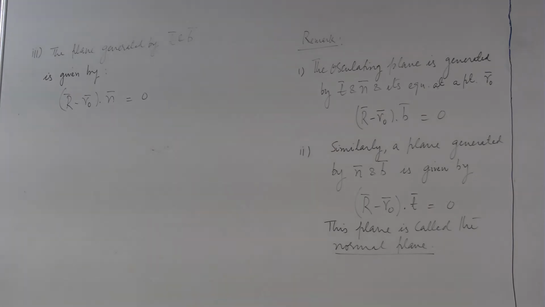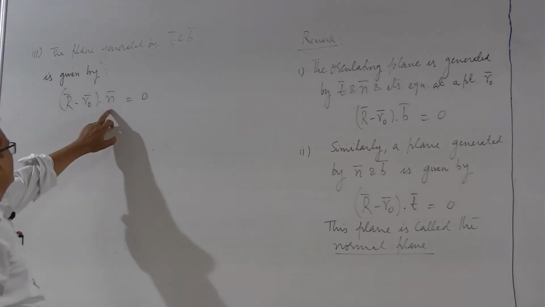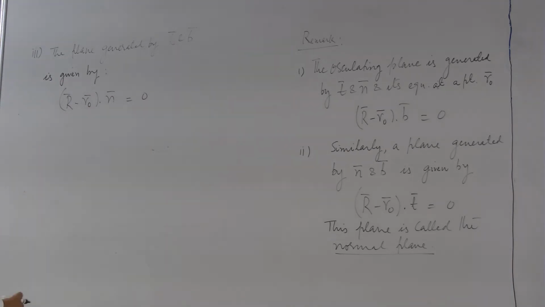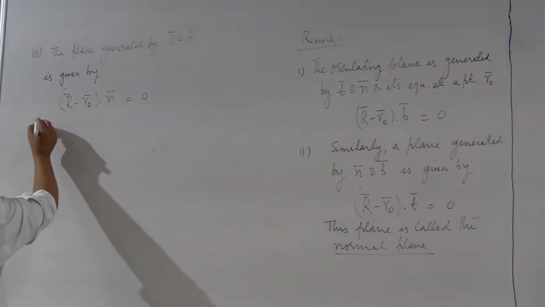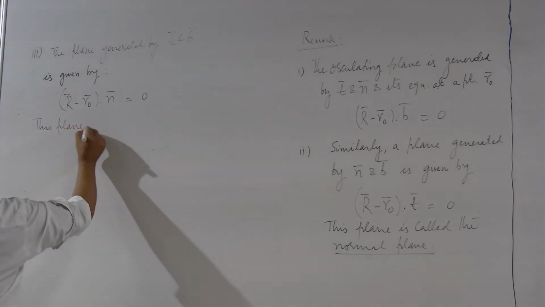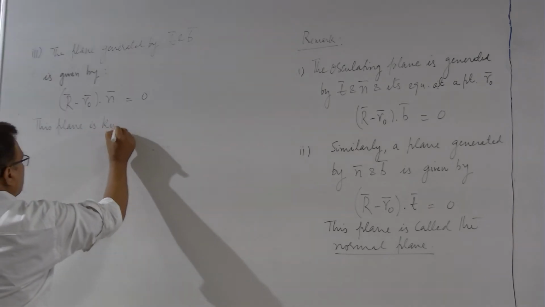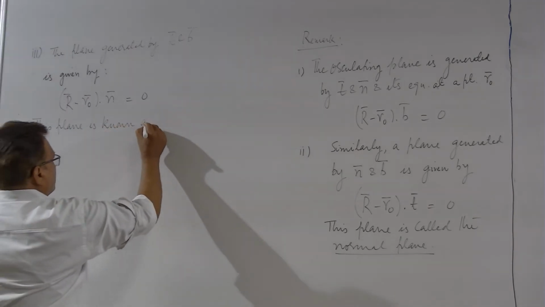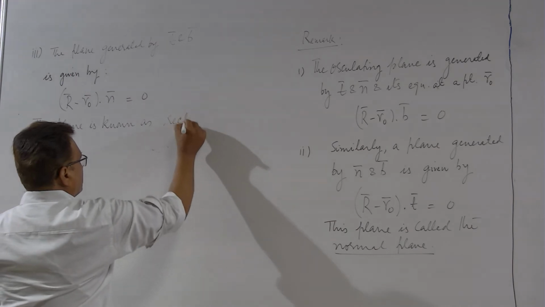Okay. So, we can easily see that this plane is generated by t and b, and therefore, n is orthogonal to the plane, and this plane is known as rectifying plane.